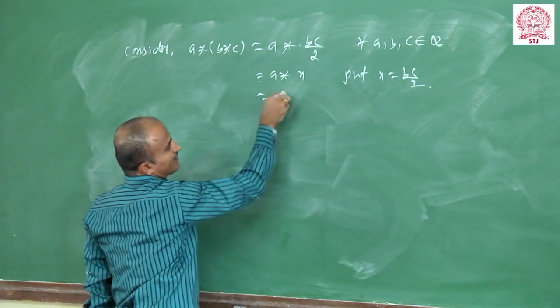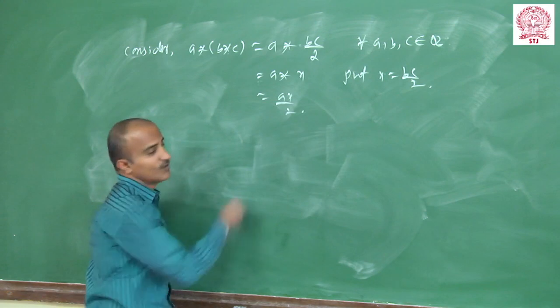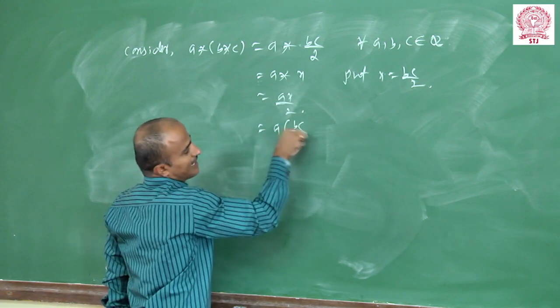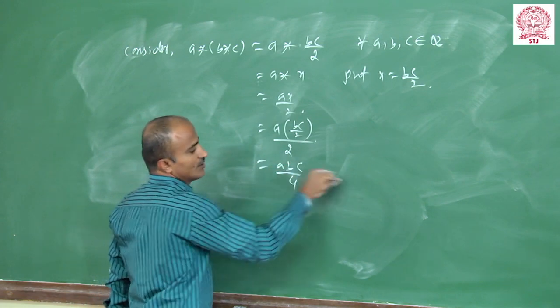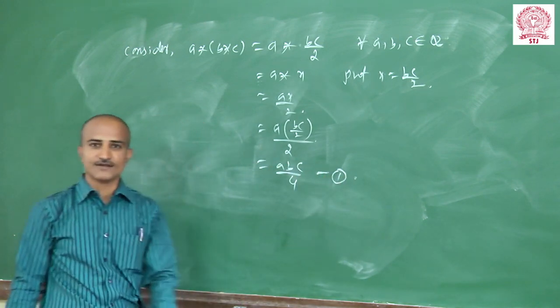Then A star X becomes AX by 2. What is X? BC by 2 upon 2, and that will be ABC by 4. Call it equation 1.